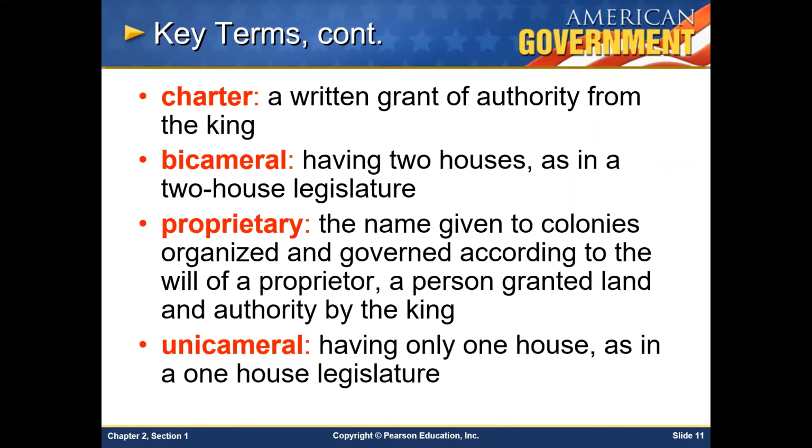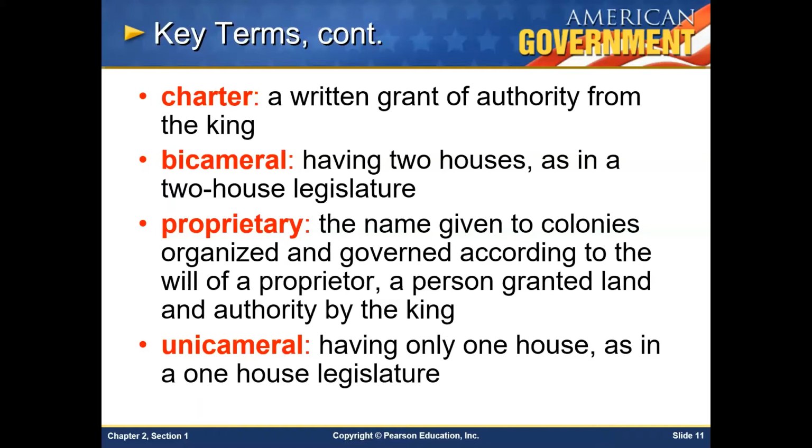You have proprietary, and this was a name given to a specific type of colonies. So when the 13 colonies were settled in the United States, there are different types. Proprietary is one of those. And so it was the name given to the ones organized and governed according to the will of a proprietor, kind of a business person who was granted land by the king.